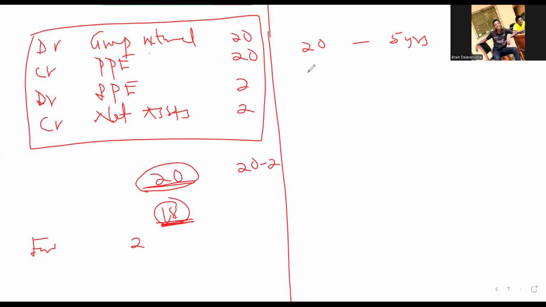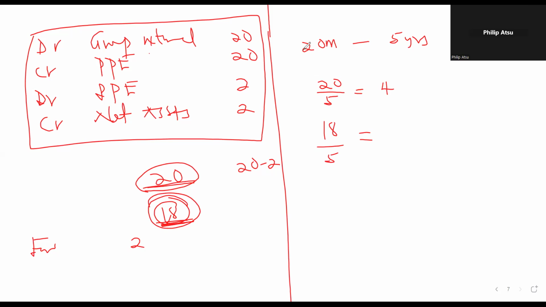But the question is, you have taken the asset at 20 million for the full year. So you have charged a depreciation on the 20 million. So this will be 4 million. But the actual depreciation should have been on 18 million. So if the depreciation is on the 18 million, how much are we supposed to be getting? 3.6.